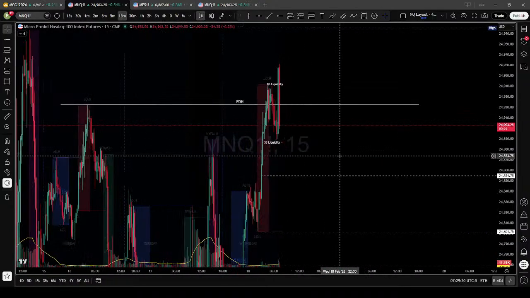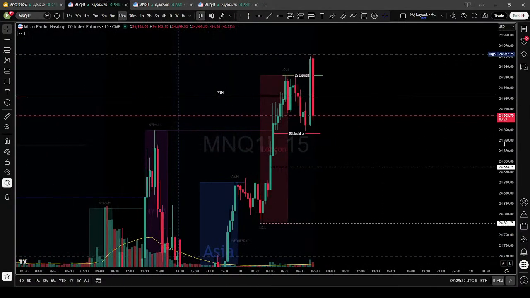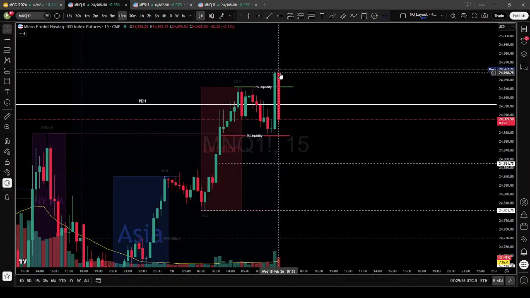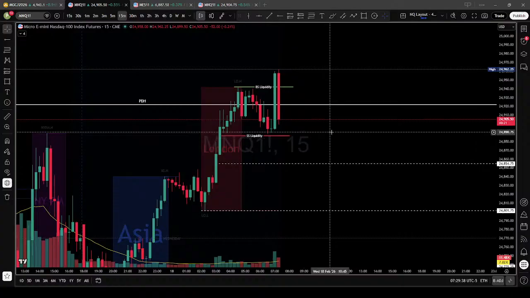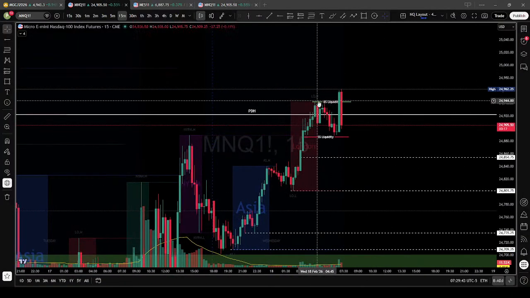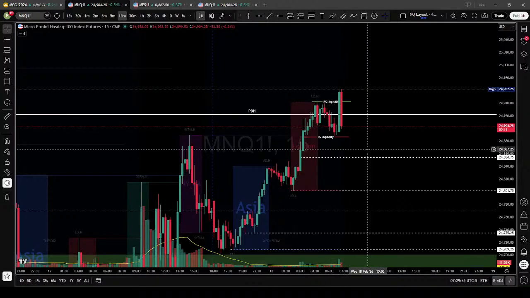So let's move to the 15-minute time frame. What is it doing? It consolidated, broke above, and instantly got rejected. What we can say is it took out London high, and is going below.